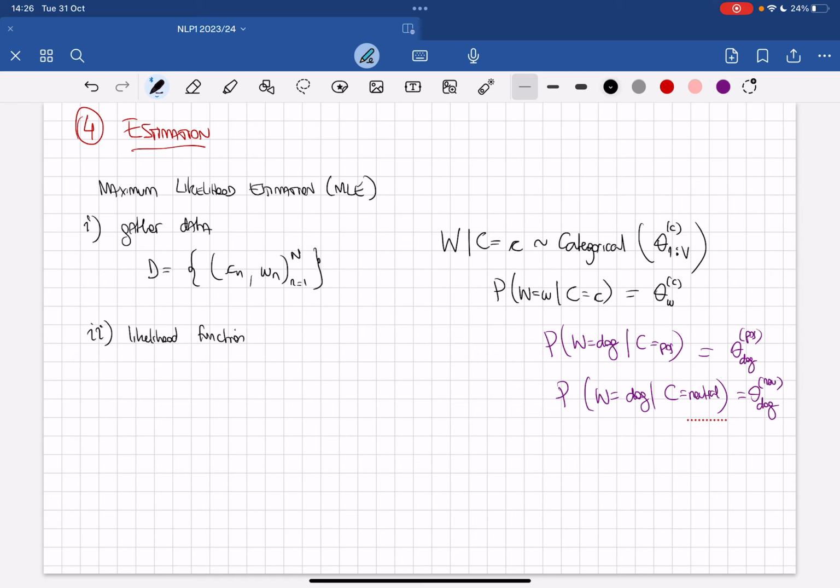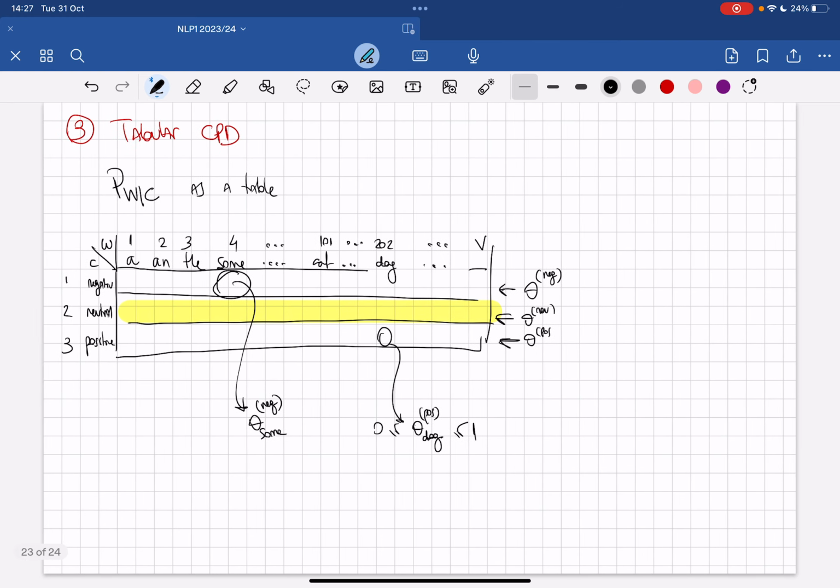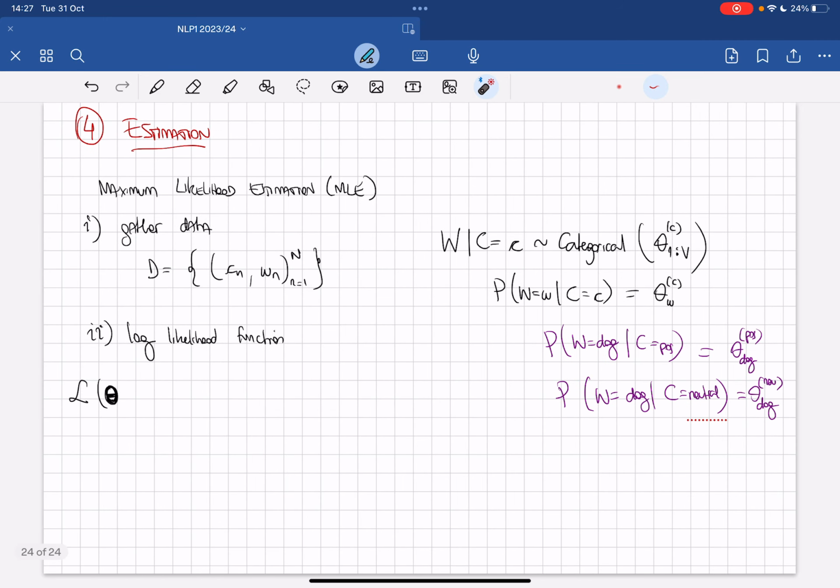Right, and a likelihood function for a data set, in fact we're going to use the log of the likelihood function, can be written like this. So if I denote by boldface theta the collection of all parameters, so basically the entire table, the log likelihood function is a function of those parameters given a data set, and because of IID assumptions, it boils down to the logarithm of the probability that our model assigns to each of the observed outcomes.